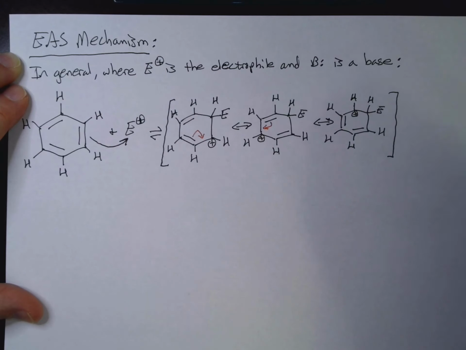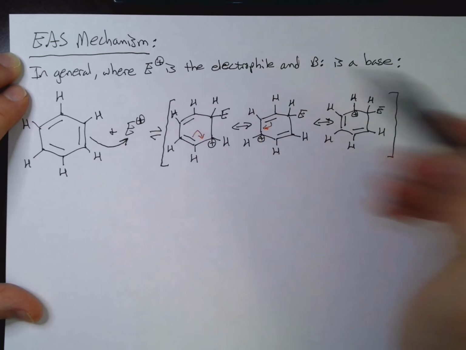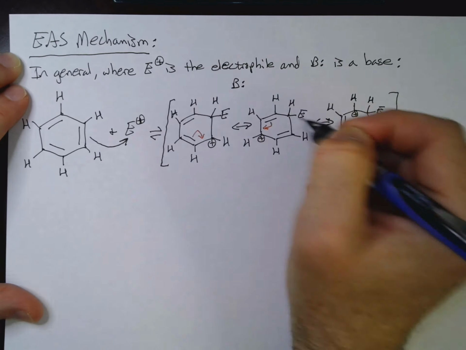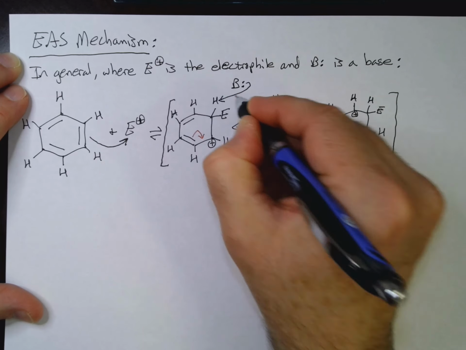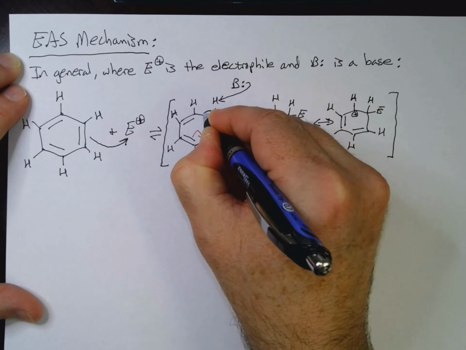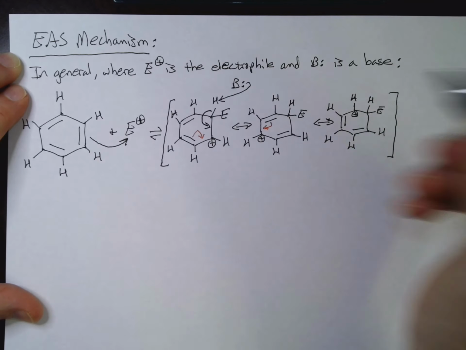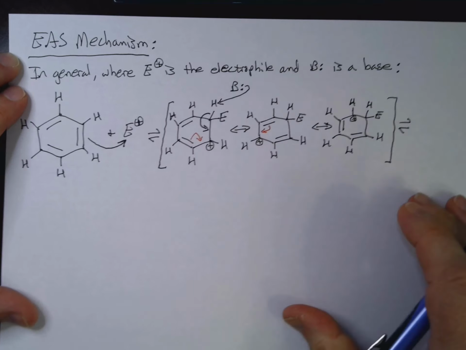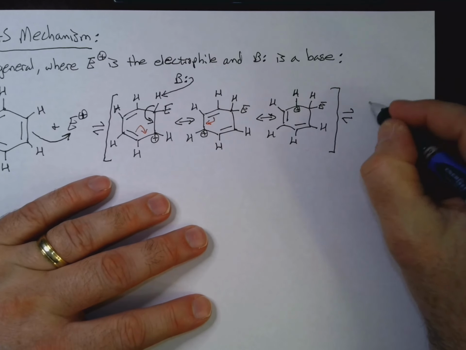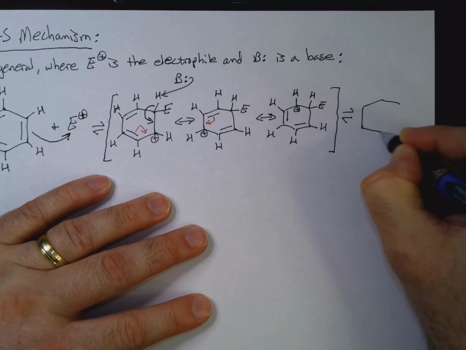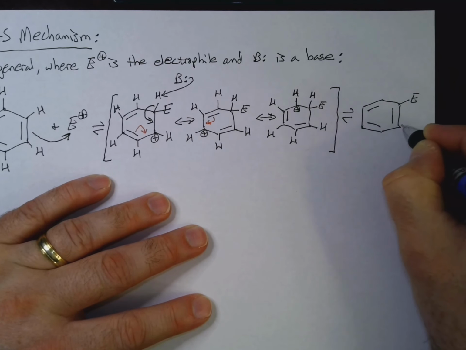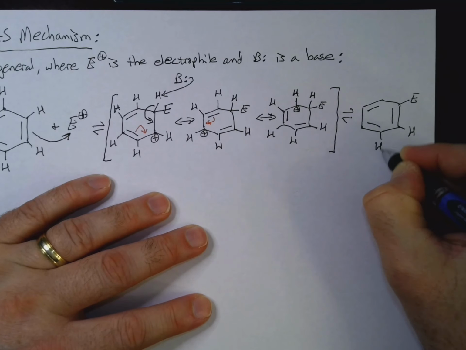And then the final step here is to remove our extra proton. So I'll have my base, and then I can get these electrons going down there, and I will get my product, which is my substituted benzene.